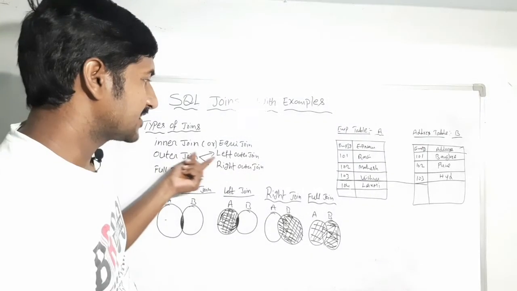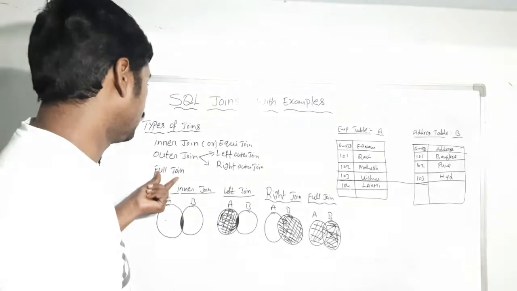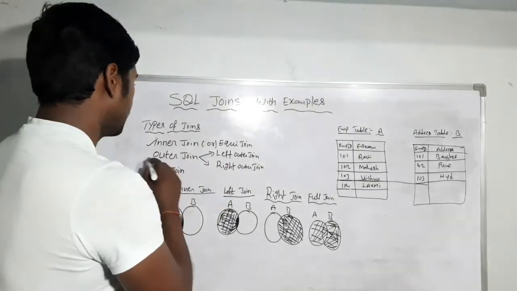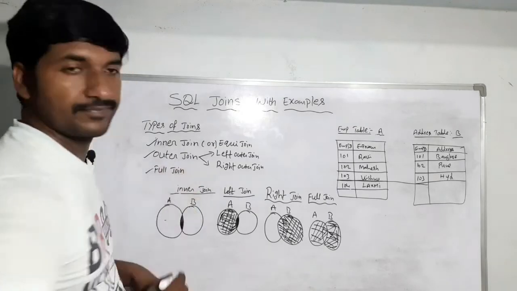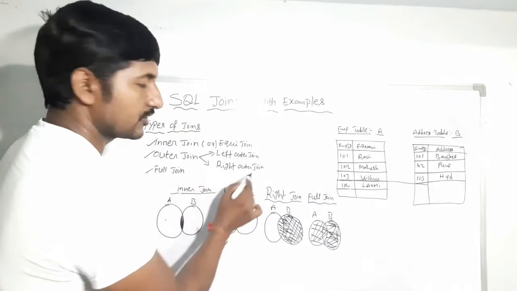Outer join is again subdivided into left outer join, right outer join and full join. Okay, you just remember inner join, outer join, full join.